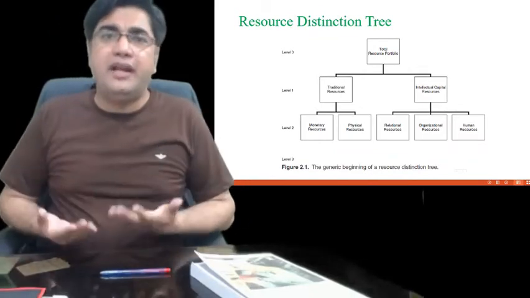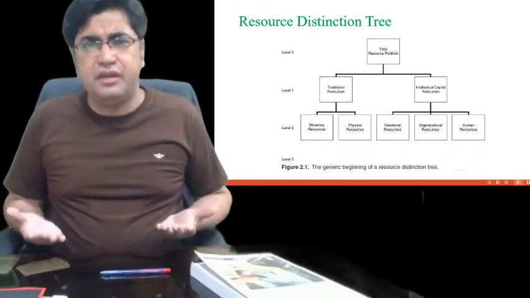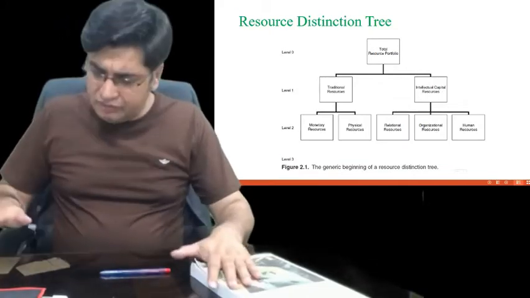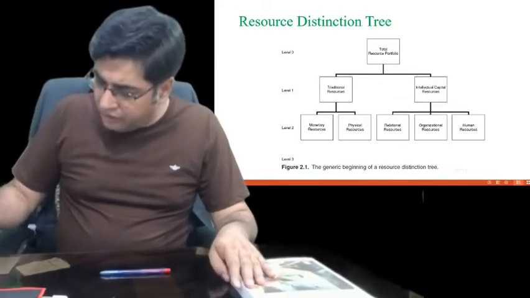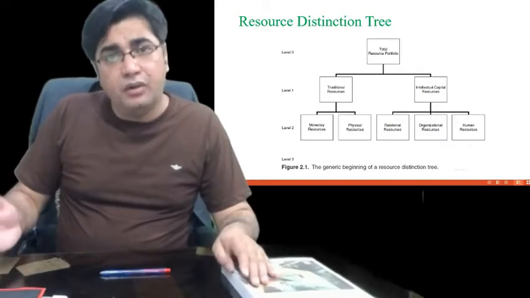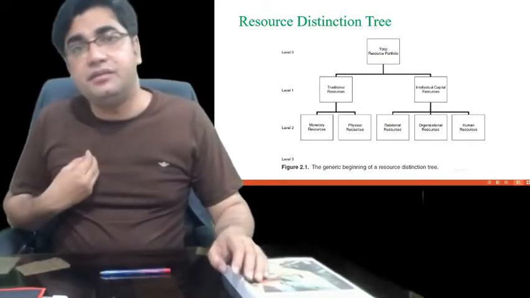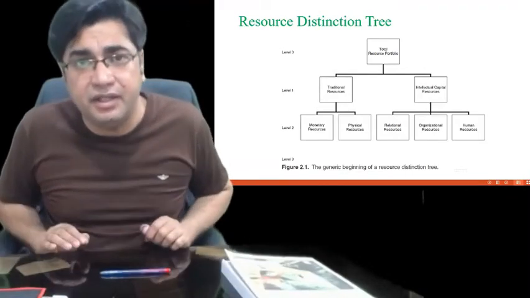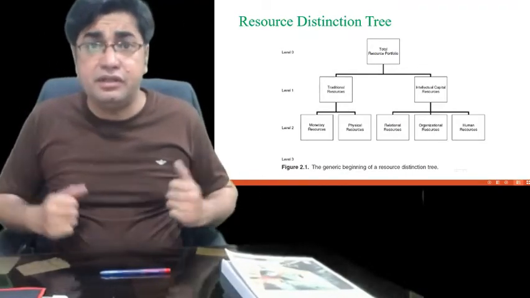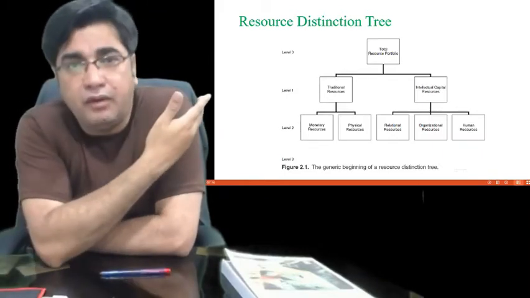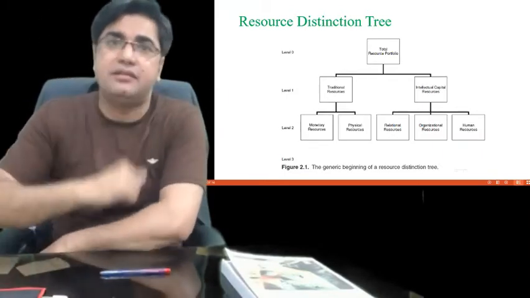Now, why do so and how is it going to help us? In fact, the resource distinction tree is going to first of all document all of the resources available to an organization, right? Sometimes we have resources but we don't know, especially in terms of intangible resources. Let's take, for example, our intellectual capital and relational capital.